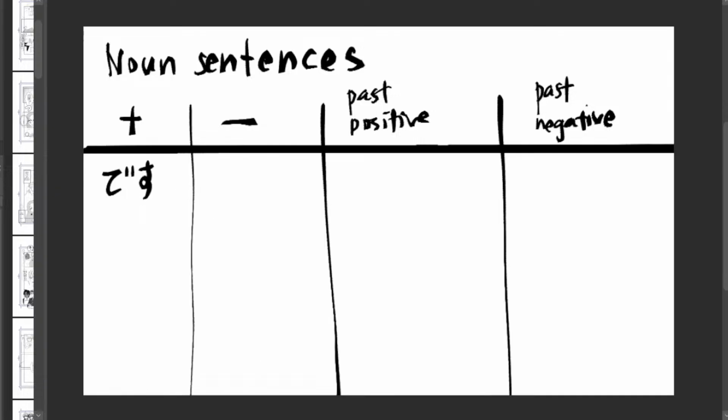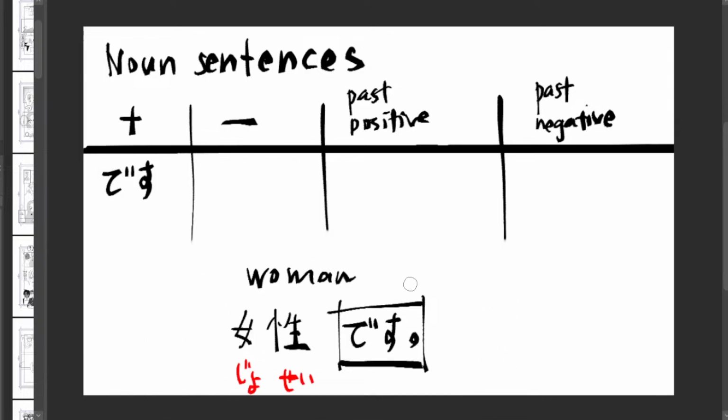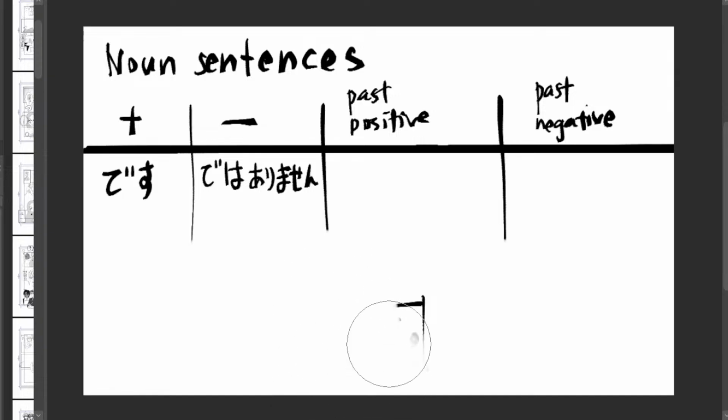For example, if I have to say an example, a woman, 女性ではありません。I'm not a woman. Or I'm not a man. Danse de wa arimasen. There are two ways of saying this.